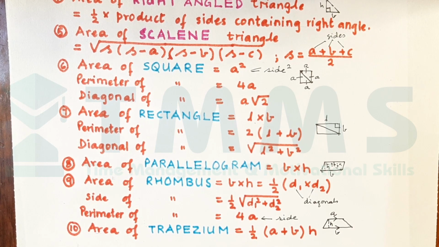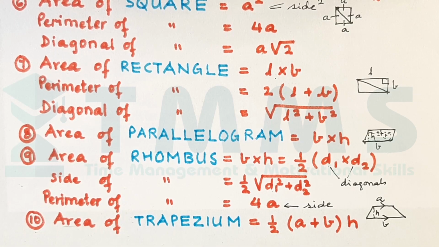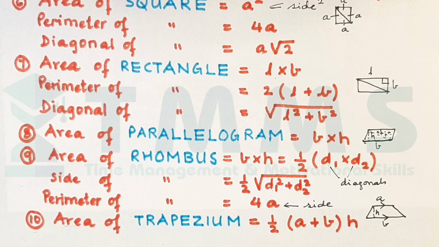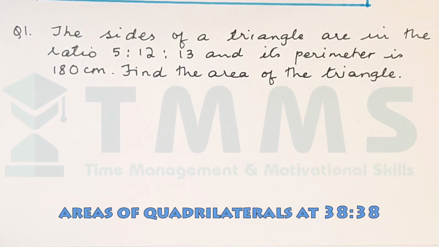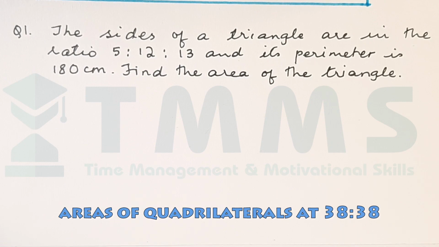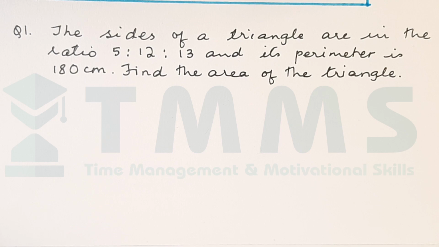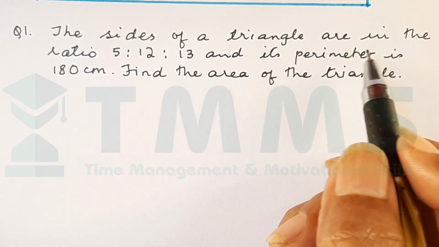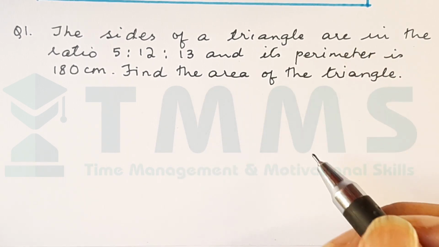So now that we know all the formulas well, let us come to the application of that. So remember to read these formulas every day so that you will not forget them. Okay? Now let us come to the questions that are based on this. In order to solve these questions, first thing you have to look for is what is given.